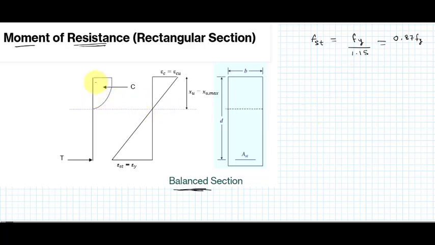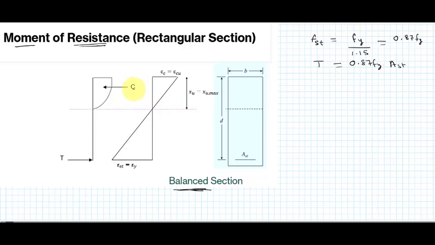Now here we have the stress block diagram where you can see the resultant compressive force is acting at the centroid of the stress block, while the tensile force is acting at the CG of the steel. Once I know the design stress in steel, I can compute the tension force that is acting on the reinforcement. So tension force is stress into area, design stress is 0.87 fy into Ast. So this is the tension force.